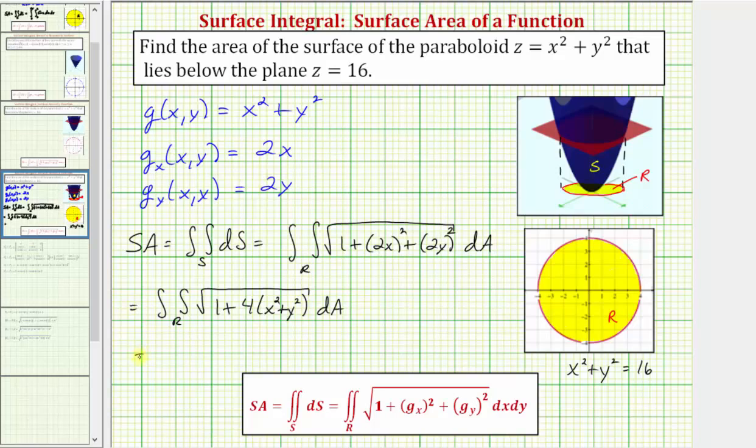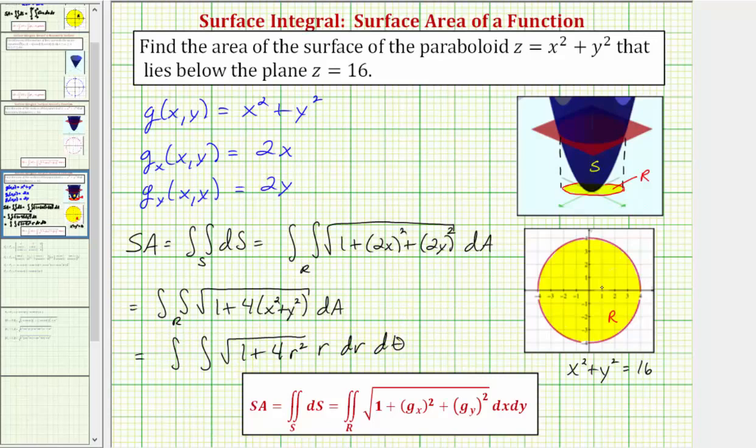So in polar coordinates, we have the double integral over the region R of the square root of 1 plus 4r squared, and again differential A is equal to r dr d theta.